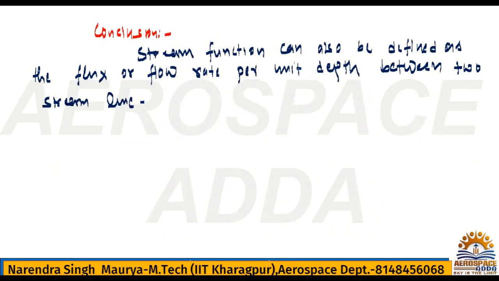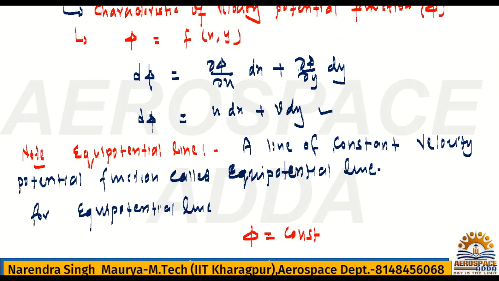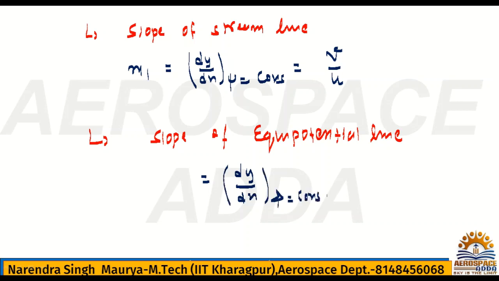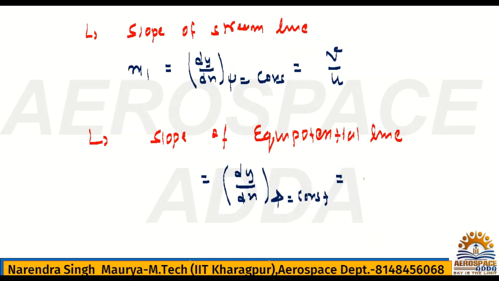Yes or no? This is the slope m1. Similarly, slope for the equipotential line, with phi constant, just now we saw it was minus u by v. This is slope m2. Yes or no?